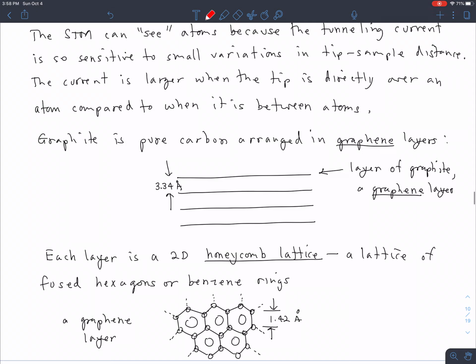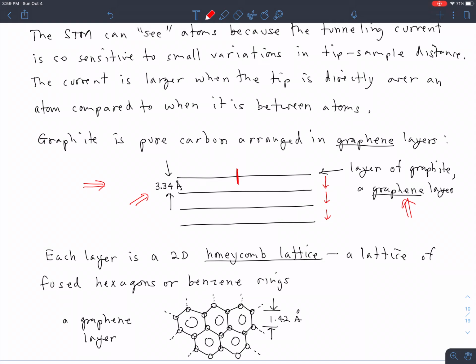So nearly perfectly crystalline graphite is a series of layers. The layers are called graphene layers, and they're just stacked on top of each other, each layer with a distance of 3.34 angstroms from each other. We'll see that distance in the STM most likely, because the graphite surfaces that we're going to be looking at aren't perfect.